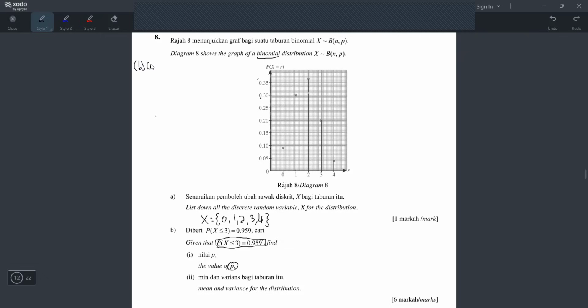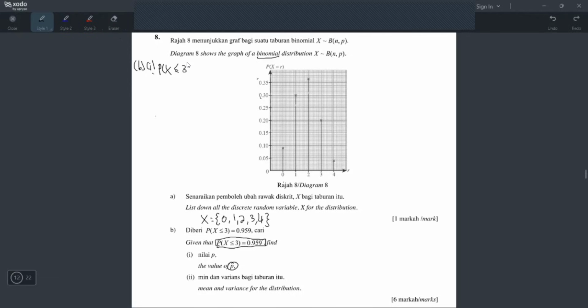So my B question 1, I will do it here. They already said P(X ≤ 3) is 0.959. It means P(X=0) plus P(X=1) plus P(X=2) plus P(X=3). I want to write like this because I need a lot of space, so you get the idea.